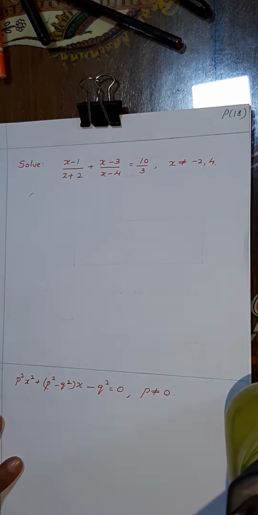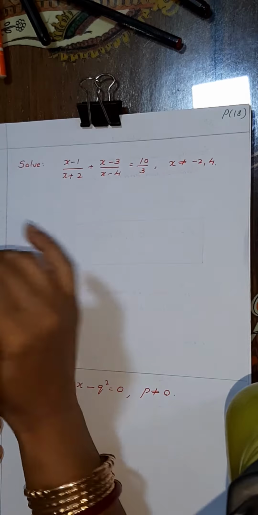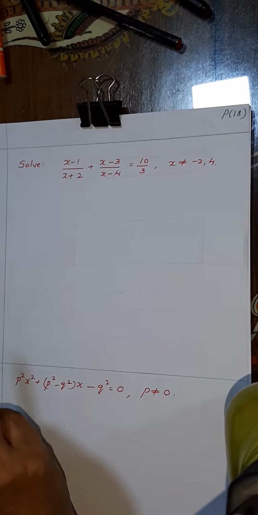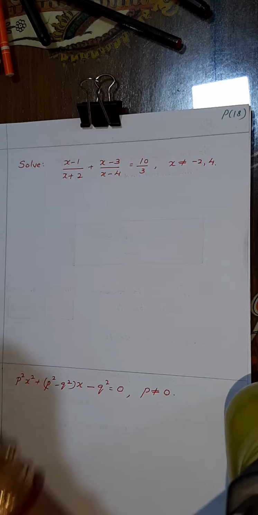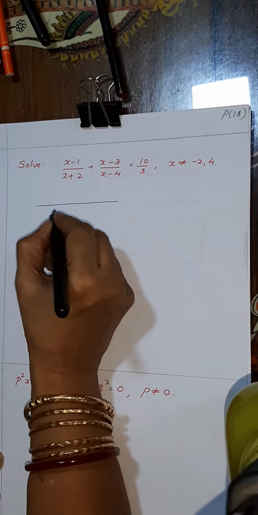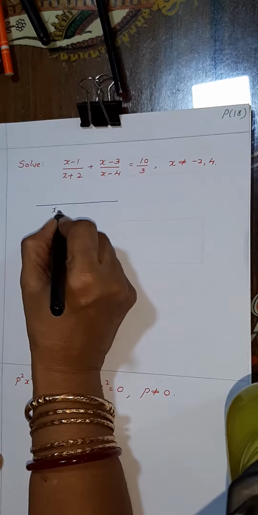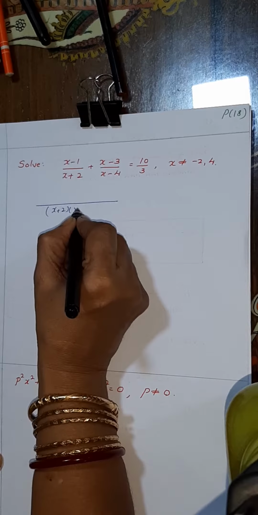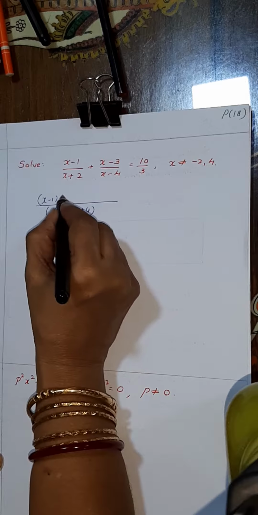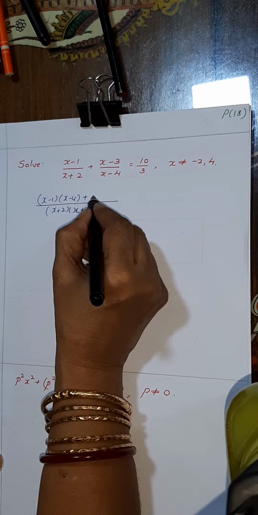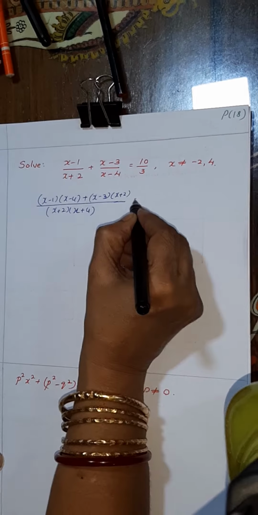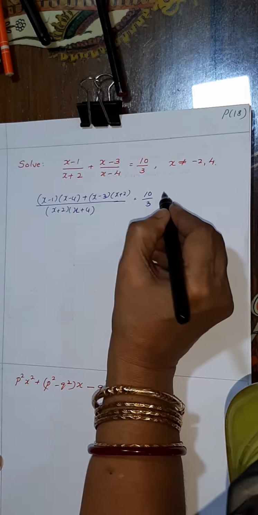Solve this equation. Now we can use the formula and solve. So we have to take the LCM first. So it becomes x plus 2 into x plus 4. So this will be x minus 1 into x minus 4 plus x minus 3 into x plus 2 equal to 10 by 3.